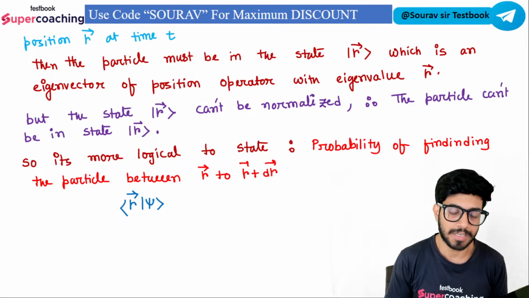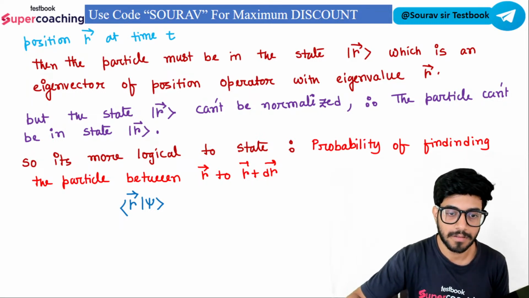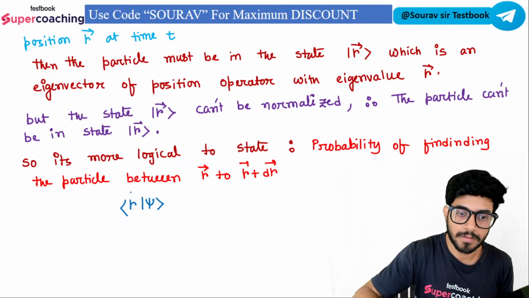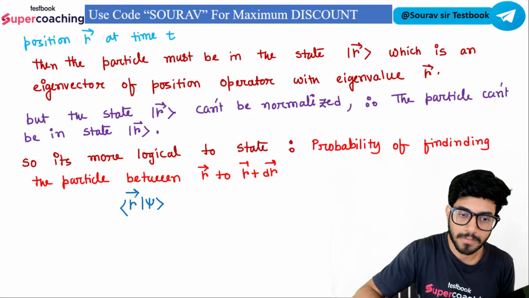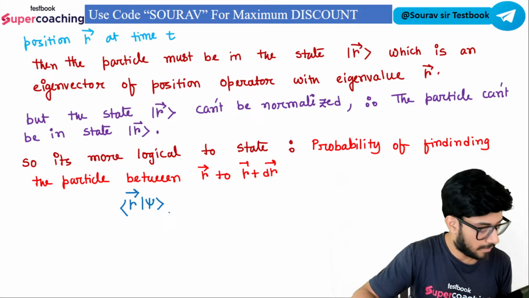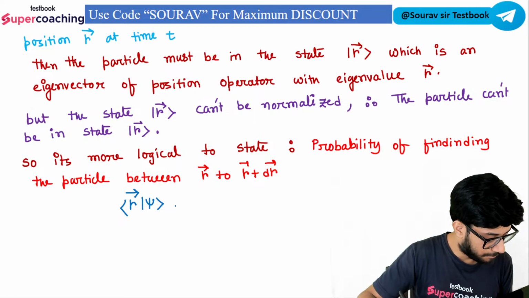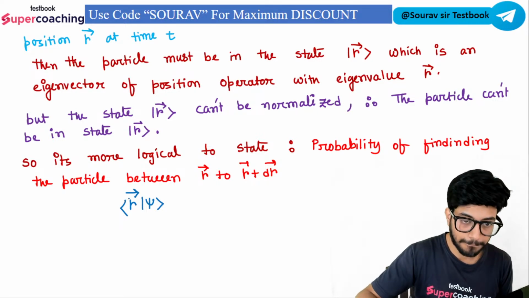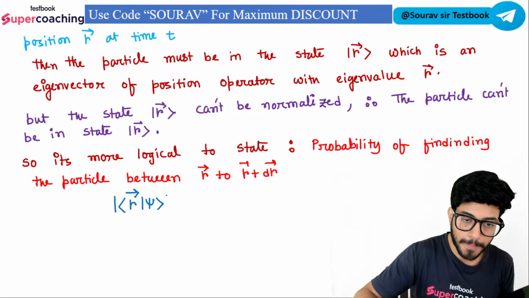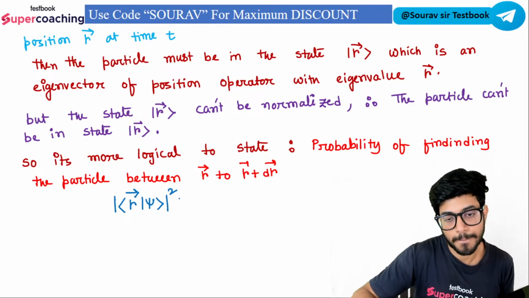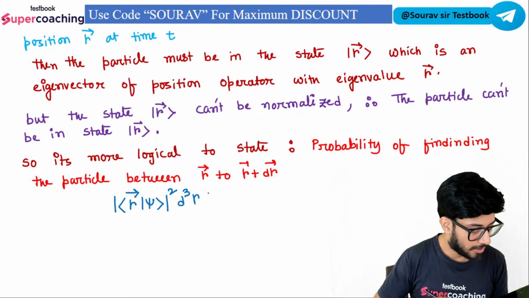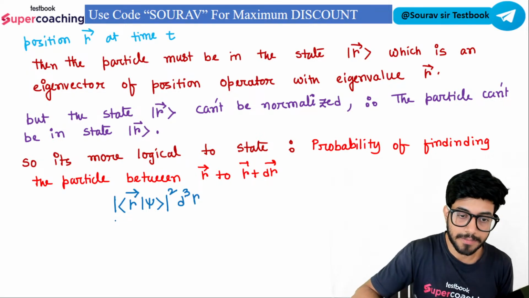So we can simply multiply it by d tau, divided by psi star psi.